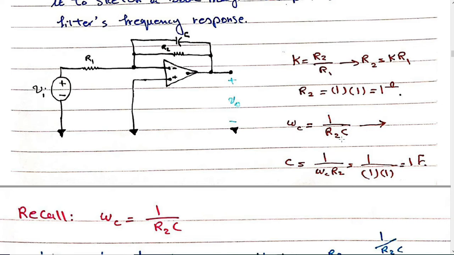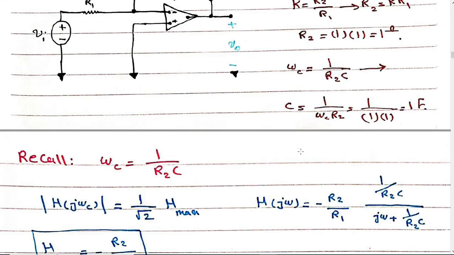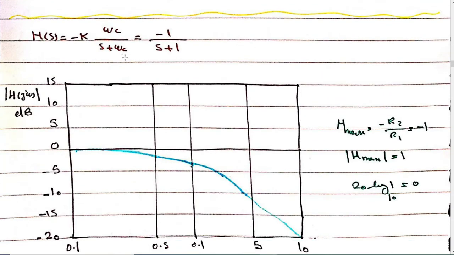How about the value for C? C is 1 over omega C R2. Omega C is 1 radian over second, and R2 is 1. So C is 1 farad.